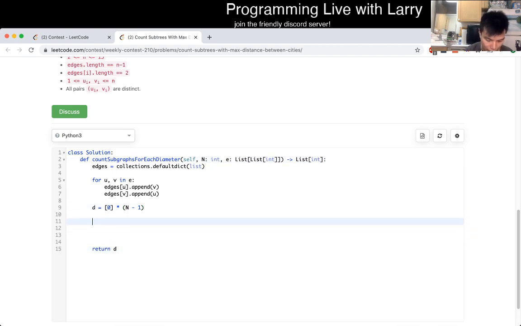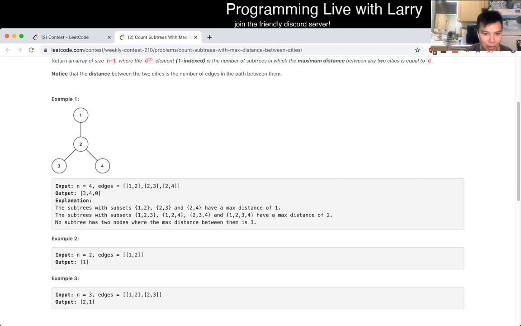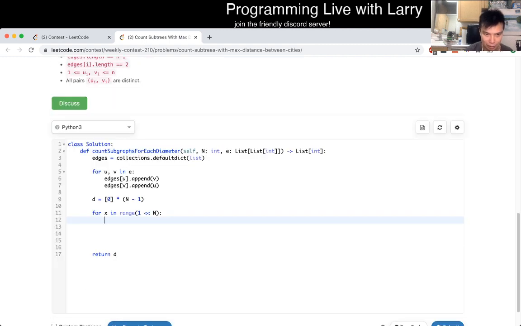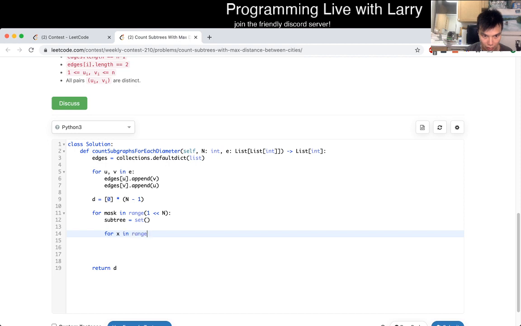Okay, and then now we just do the exhaustive search. Now I wish I was in this contest because I think I would have done really okay. Knock on wood. Okay, so this is mask, choose your set, for x in range of n, if x in the mask, then add to the subtree at x.